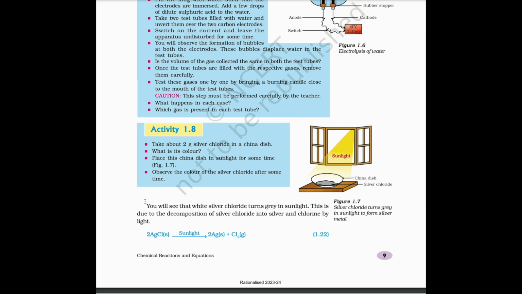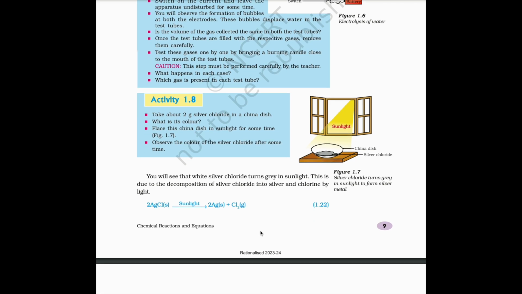You will see that white silver chloride turns gray in sunlight. This is due to the decomposition of silver chloride into silver and chlorine by light. 2AgCl solid, in the presence of sunlight, converts to 2Ag solid plus Cl2 gas.